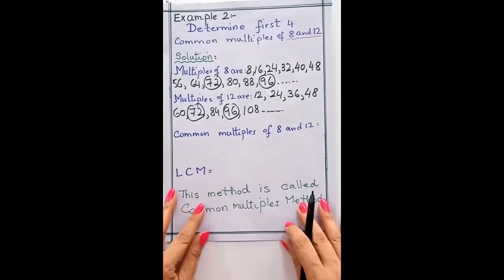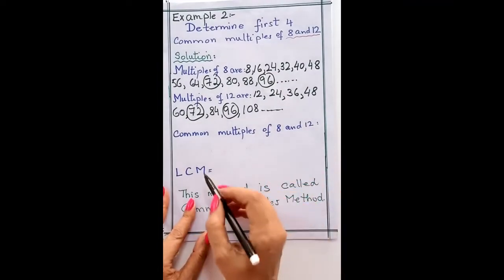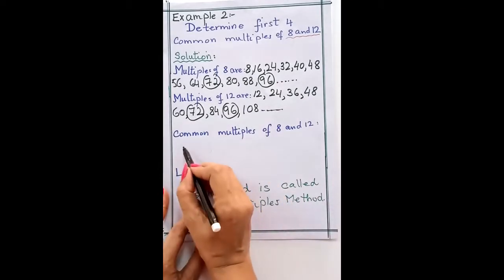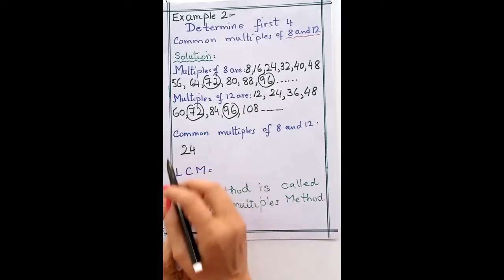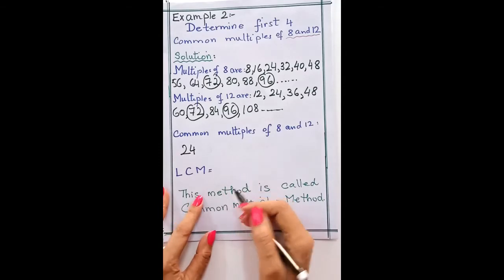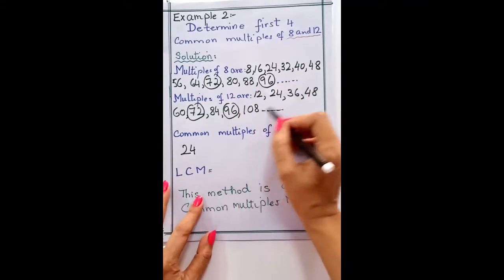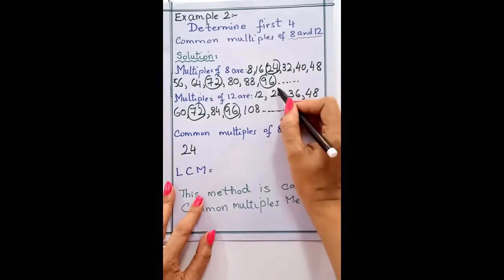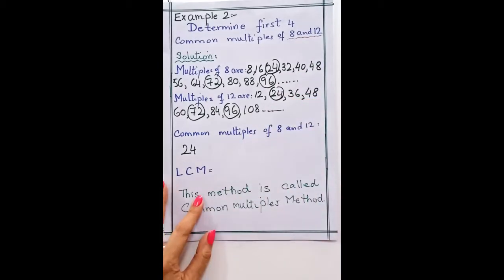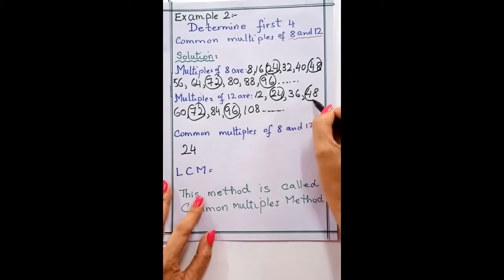So common multiples of 8 and 12 are 24, yes, 24 is also the common multiple, and then 48 is also the common multiple.